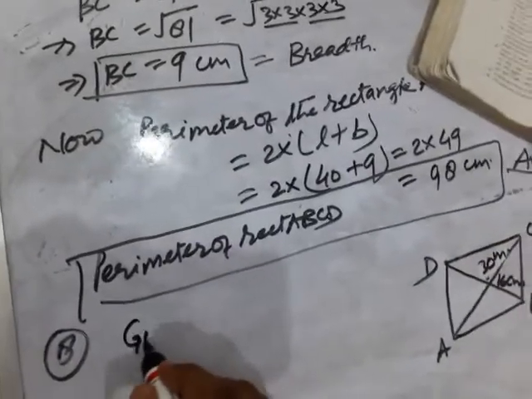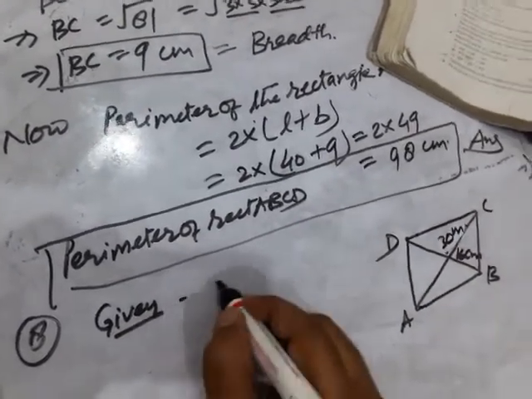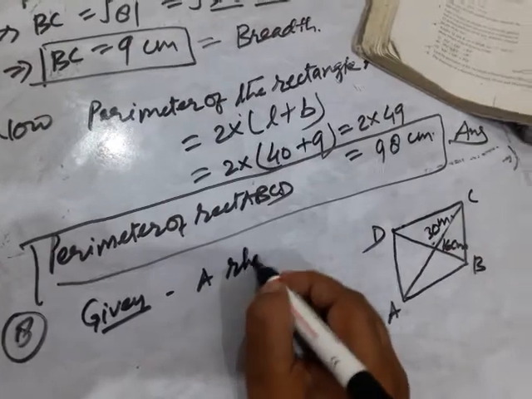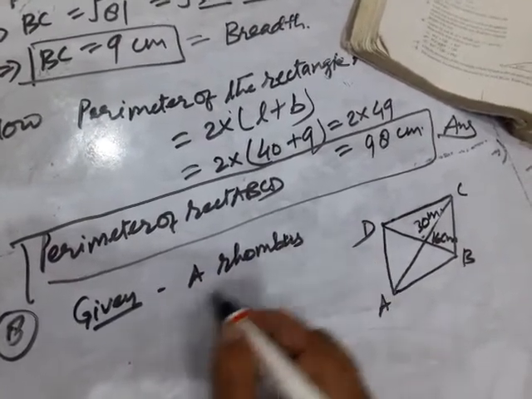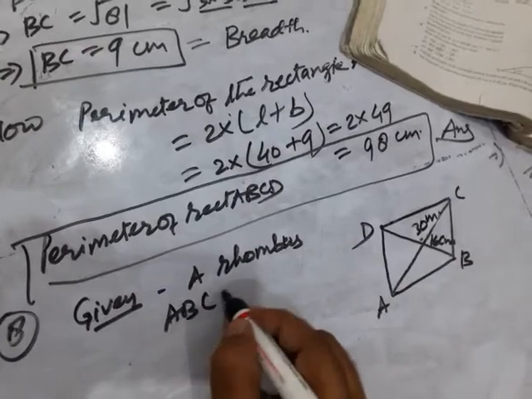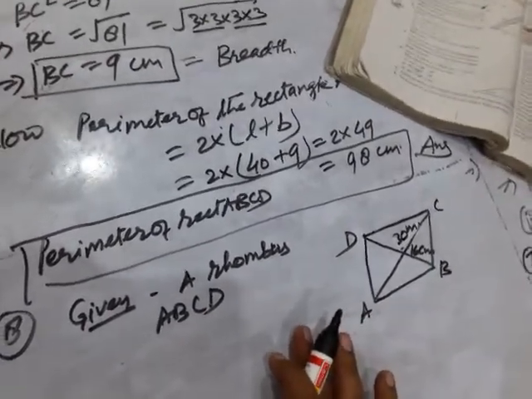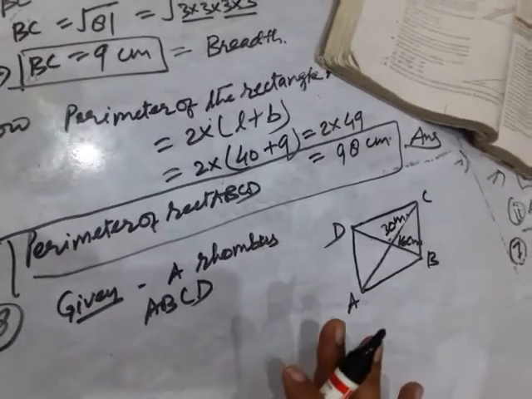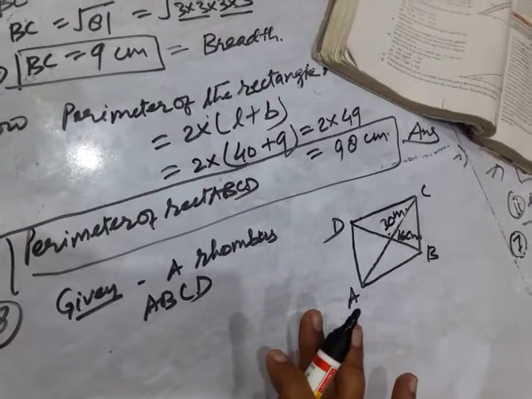What is given? Let us see. Given a rhombus ABCD. The property of a rhombus is all the four sides are equal, and the diagonals bisect each other at right angle.